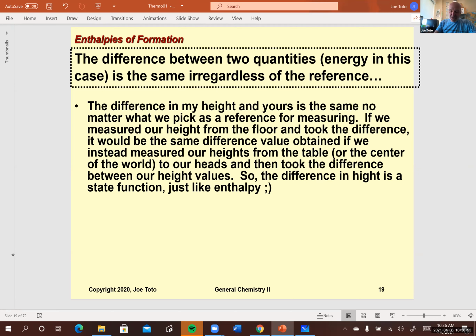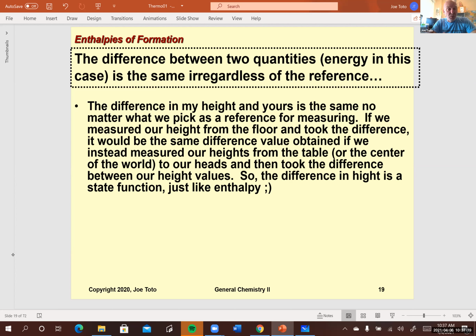So instead of doing that, we measure relative to something that we've defined as a 0. For example, we could measure our heights, say, to some other reference, like the middle of the Earth. I measure my height to the middle, you measure your height to the middle, and then we take the difference between those two values.